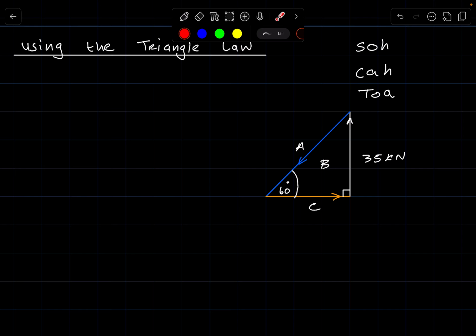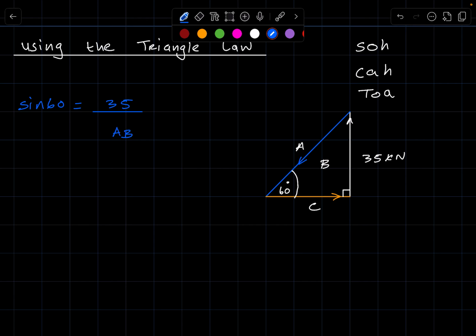It means we are going to use sine, because it's only with sine theta that we look at the side opposite the angle divided by the hypotenuse, which is the side we're looking for. So here we have sine 60 is equal to the side opposite, which is 35 kilonewtons, divided by the hypotenuse, which is AB.